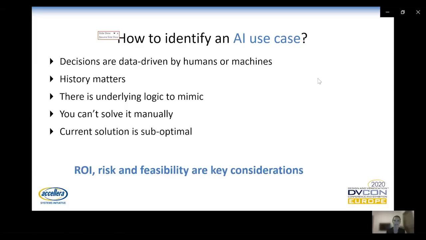So whenever we are selecting an AI use case, that means that decisions are being driven by data.